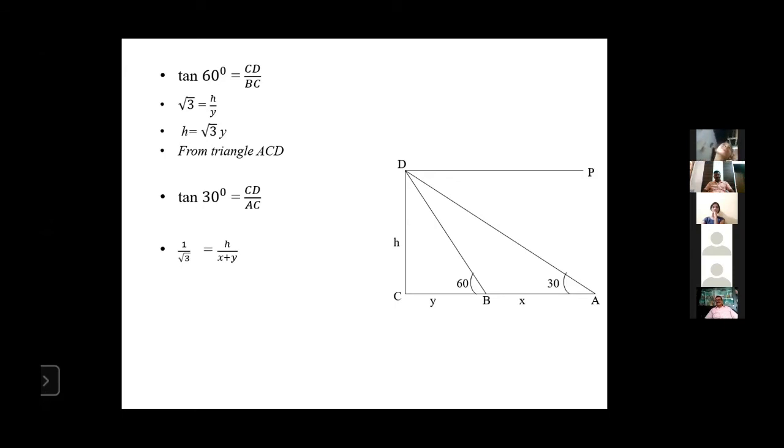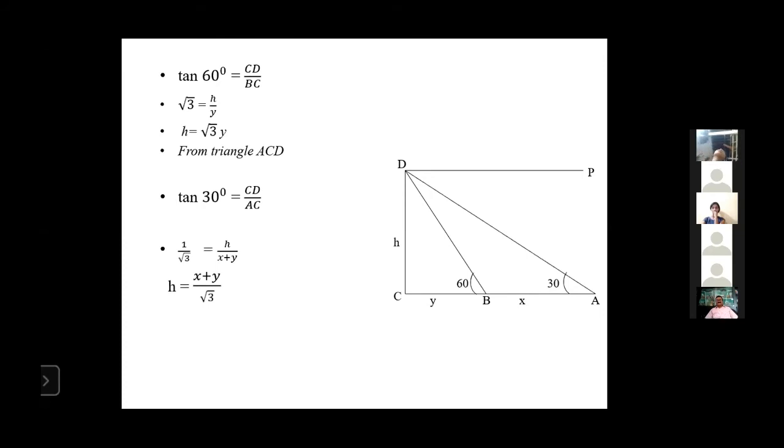Now tan 30 is equal to 1 by root 3, equal to CD, which is h, and AC is equal to x plus y, because AC is equal to AB plus BC. Now send root 3 to the LHS, so it comes to the numerator. h is equal to x plus y by root 3.